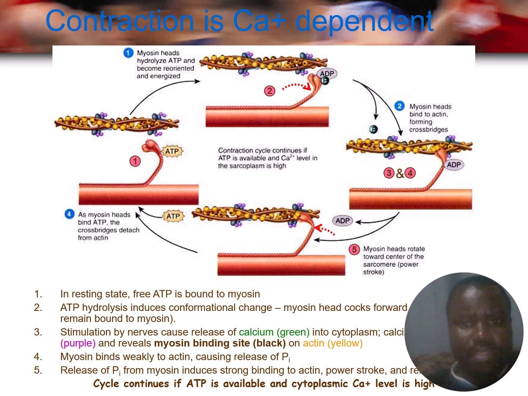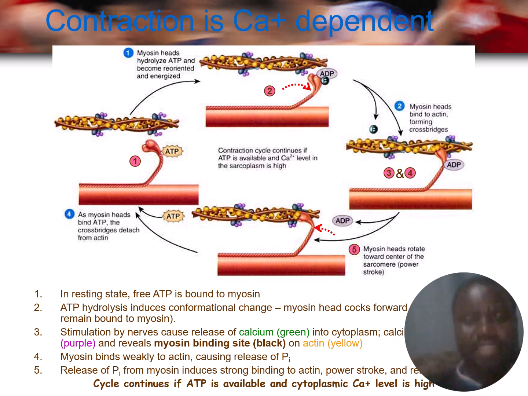When this happens, the myosin heads bind to the actin, forming what are called cross bridges. Then the inorganic phosphate will be released, and the ADP together with myosin heads will become more active, and that will cause a stroke of the myosin heads, and you see that pulling effect.